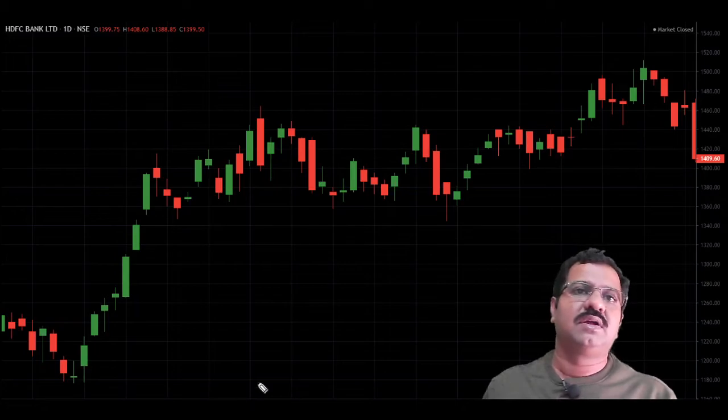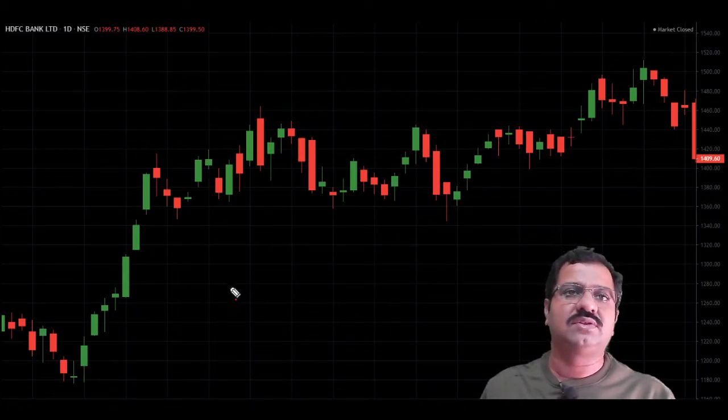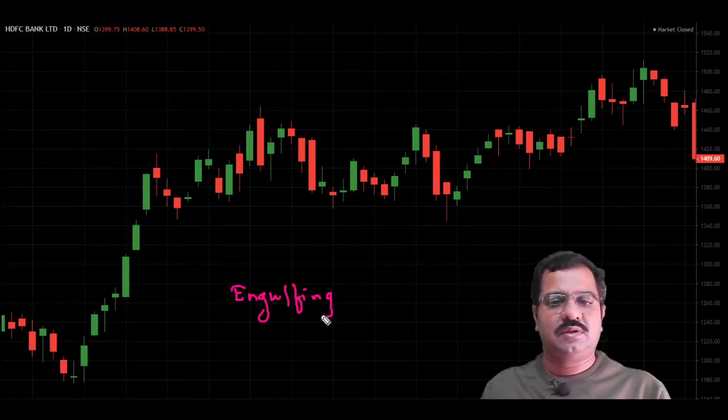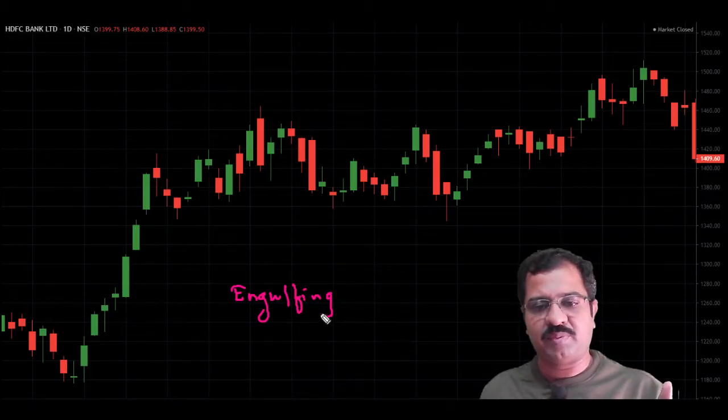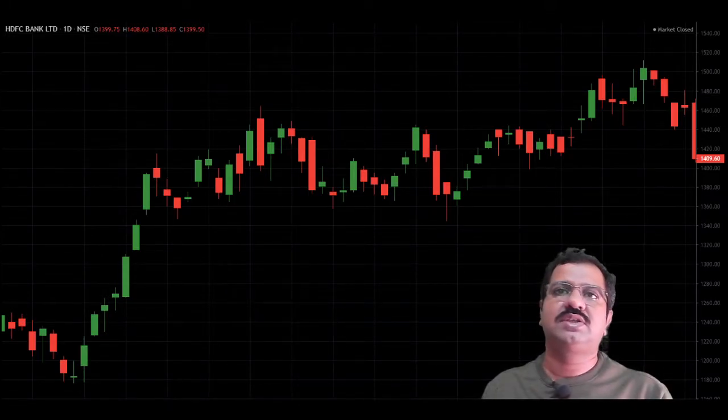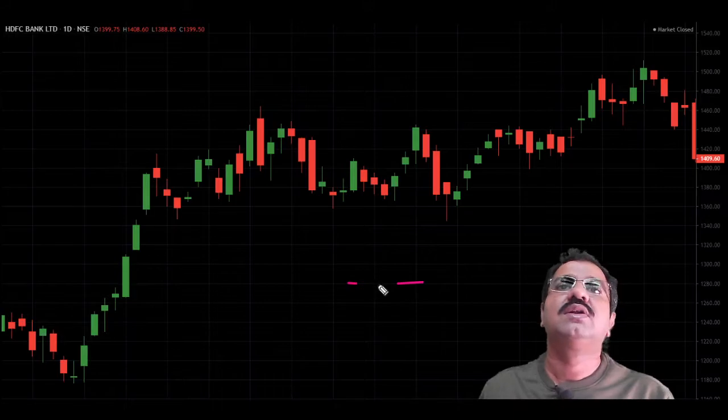Okay, so first one was bullish engulfing, second was bearish engulfing. These first two patterns were bullish and bearish engulfing, and now the next pattern is called doji.